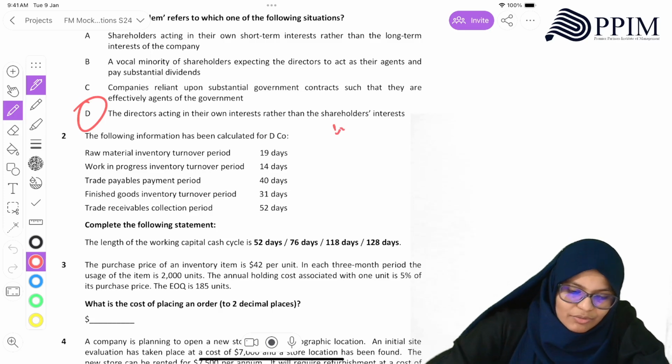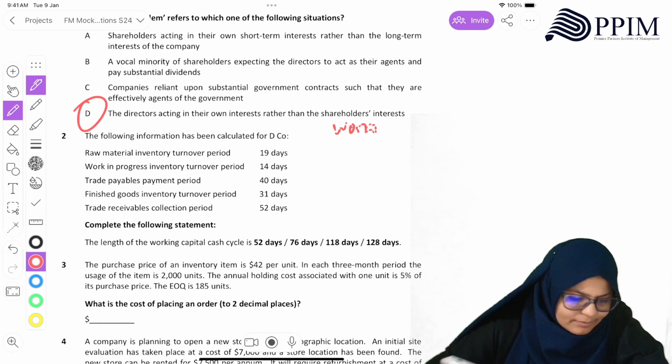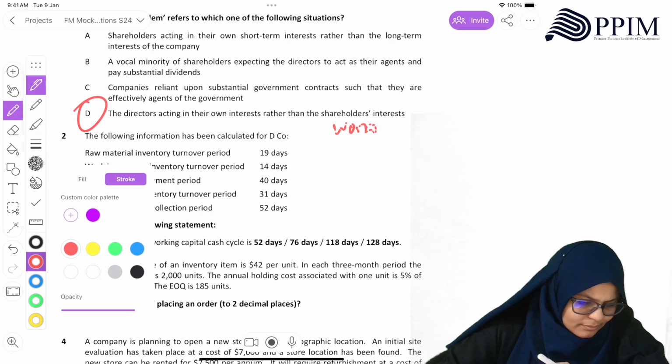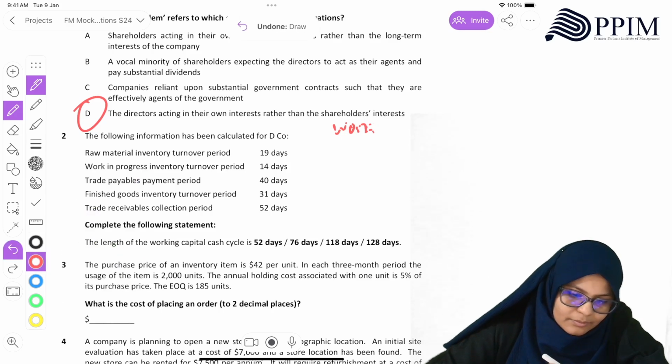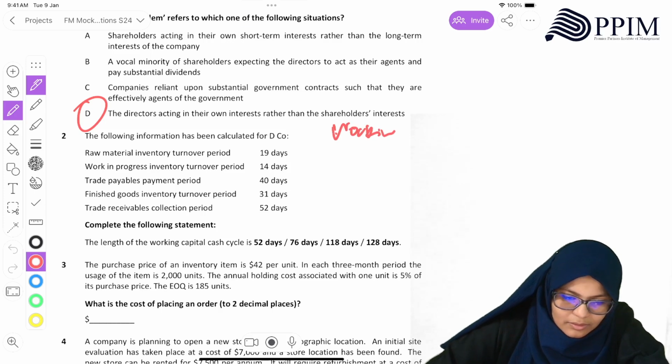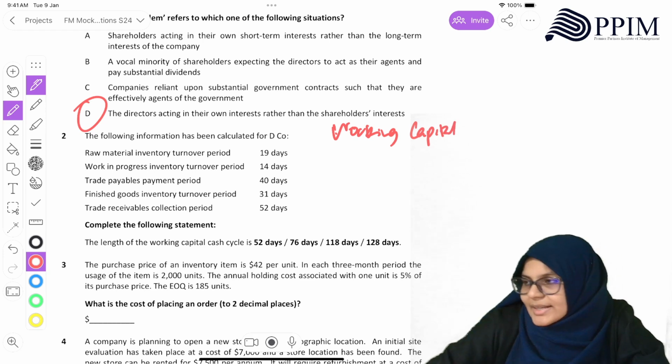If you want to calculate the working capital cycle, there is an equation.